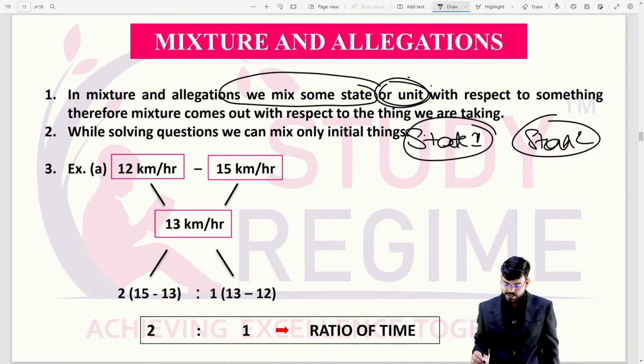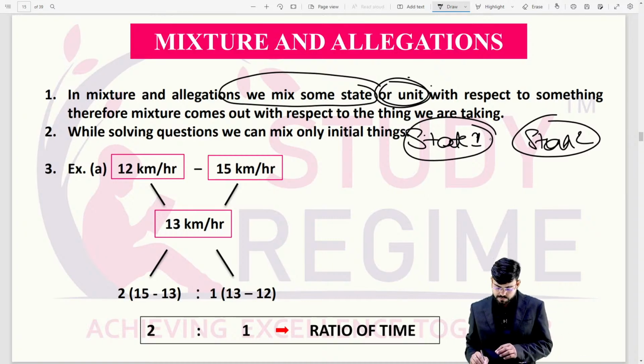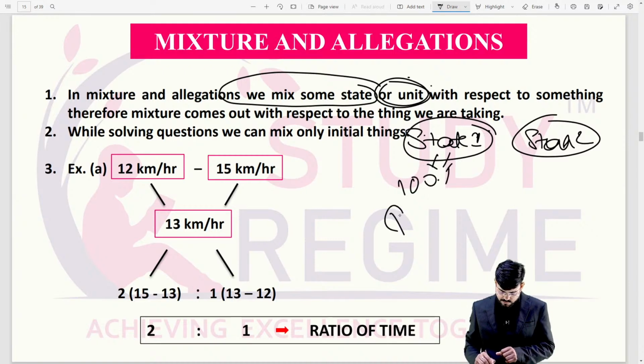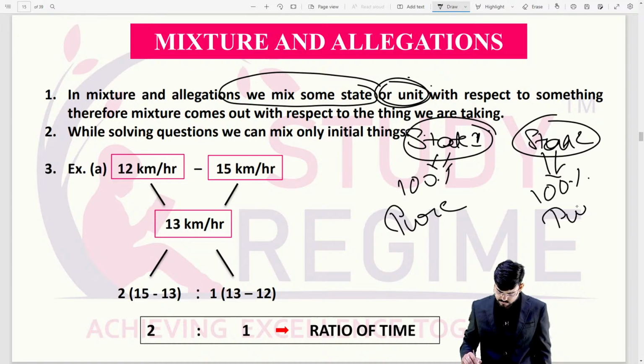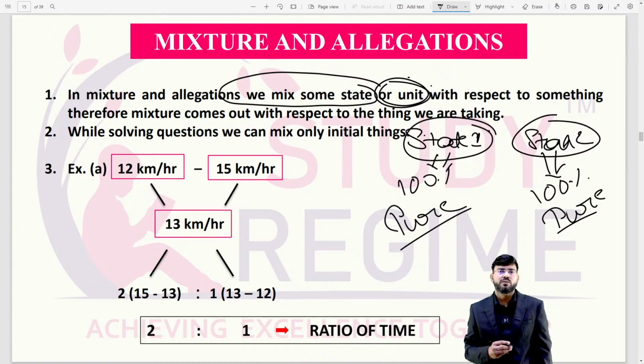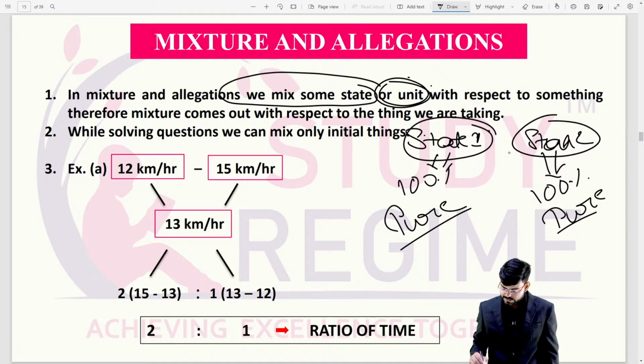Before mixing, they are 100% pure. This state is also 100% pure. Clear? Before mixing any state or any unit, it is 100% pure. State 1 is 100% pure and state 2 is 100% pure.